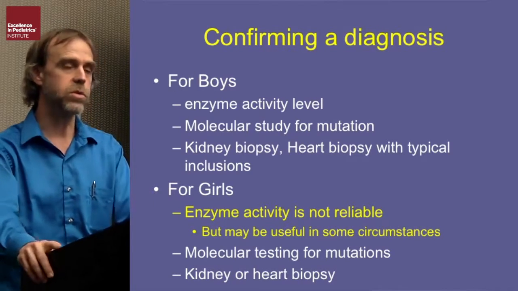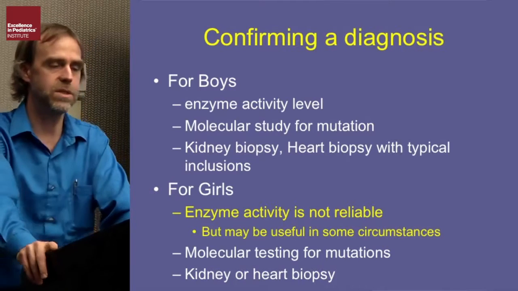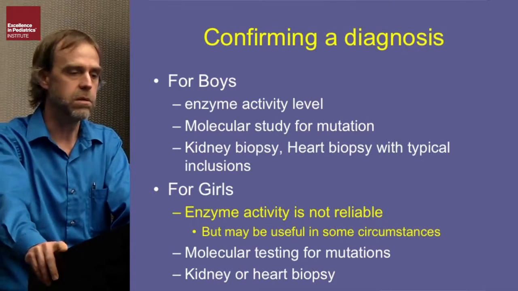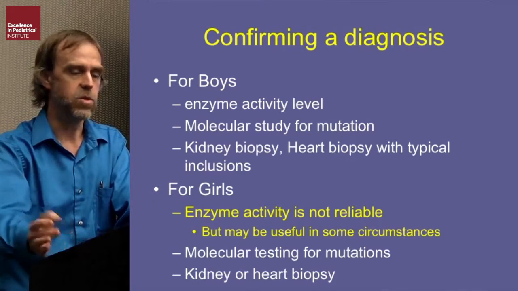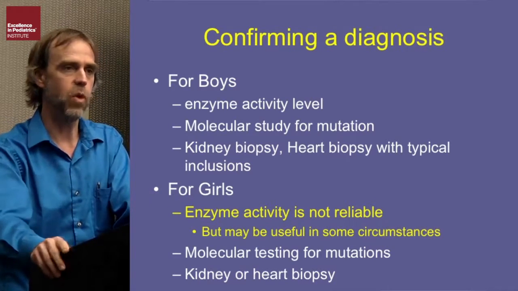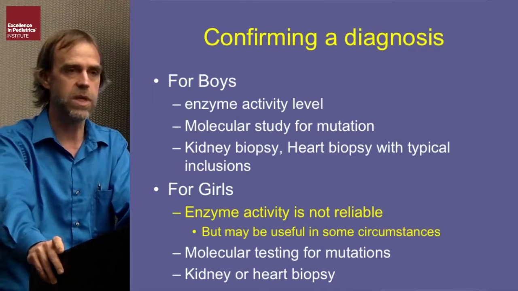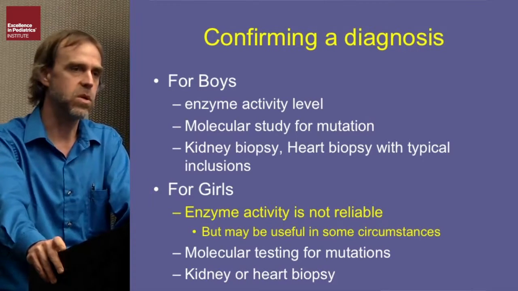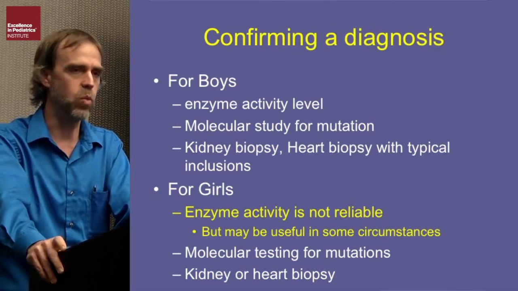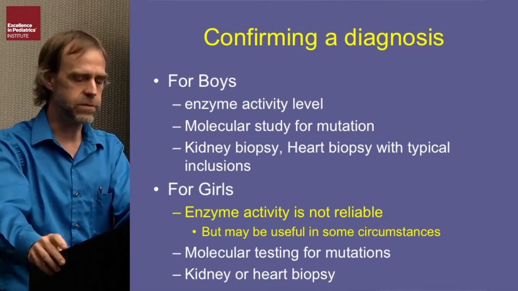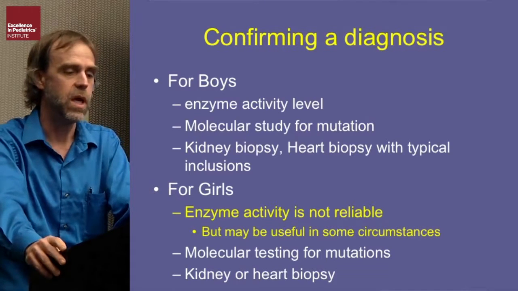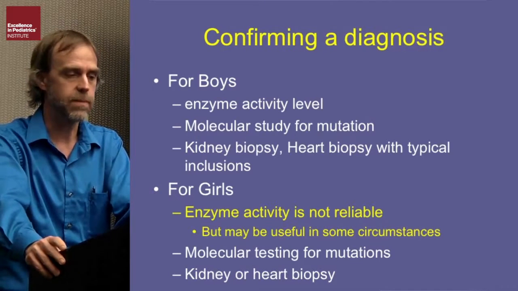You can also test boys by sequencing the AGAL gene, and doing molecular studies for Fabry disease. If they find a mutation that has been associated with disease or that would lead to an incomplete protein, you have a diagnosis.